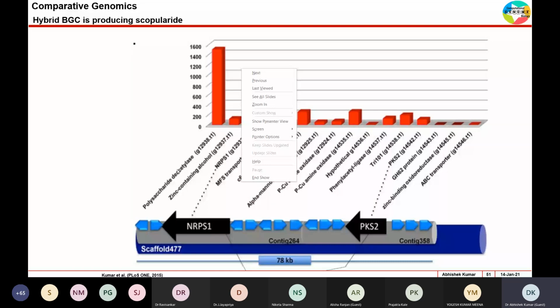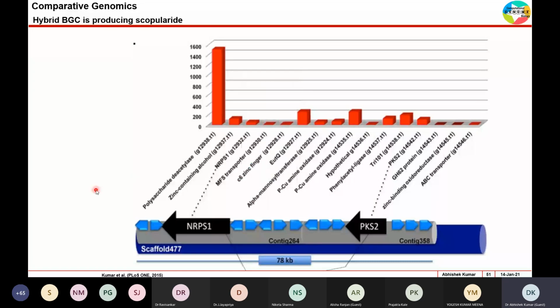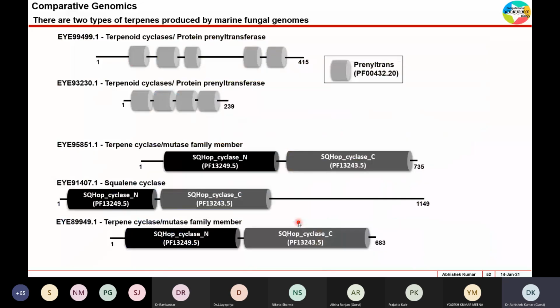And that's what we did by mutagenic analysis, by mutating the cluster, and you can also do it by genetic engineering. That's why larger clusters are important, and third generation sequencing in this case is important if you are looking for drug-like compounds from the genome. And while doing the analysis in different studies, we identified that terpenes can be of only two classes.